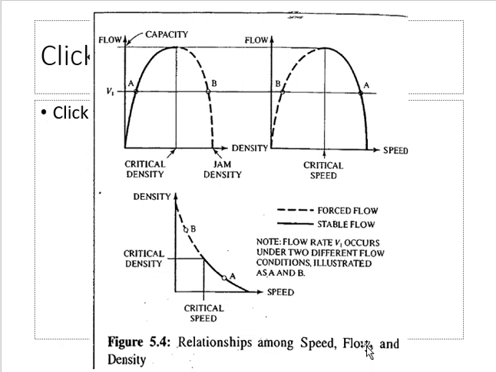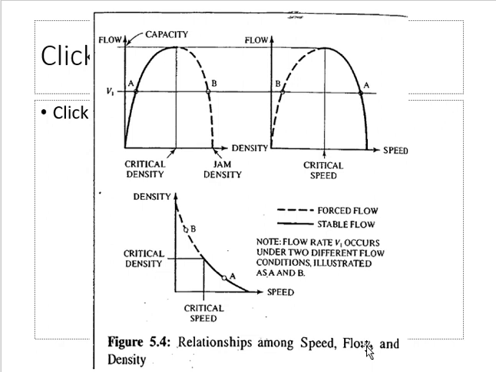Now look at this one. We start from here. Flow is 0. Density is 0. So no cars on the road, no flow. Highway is empty, right? No car is on the road, so nothing is moving.